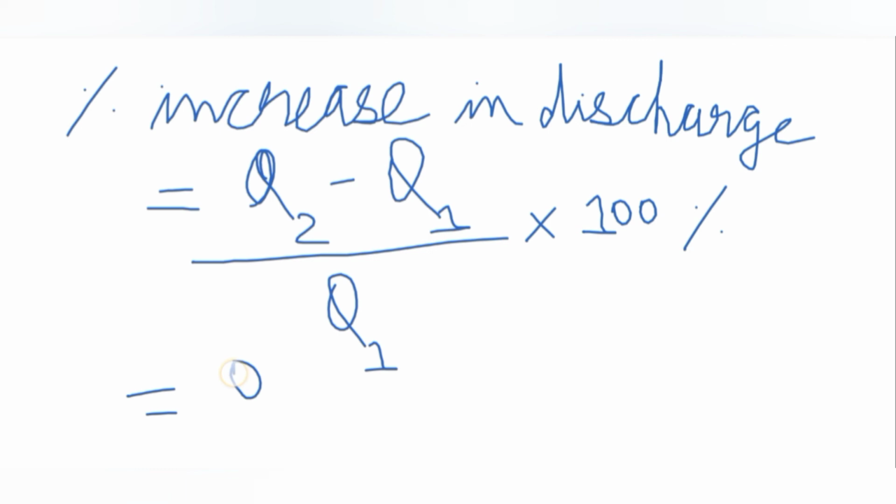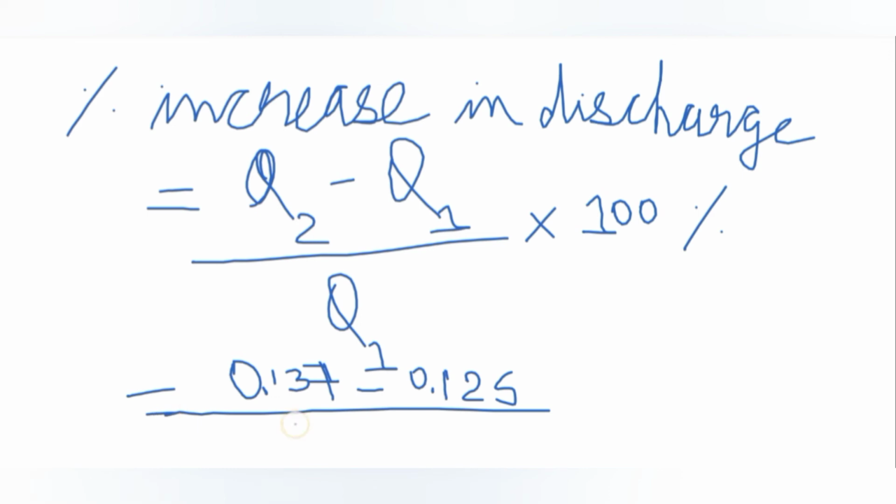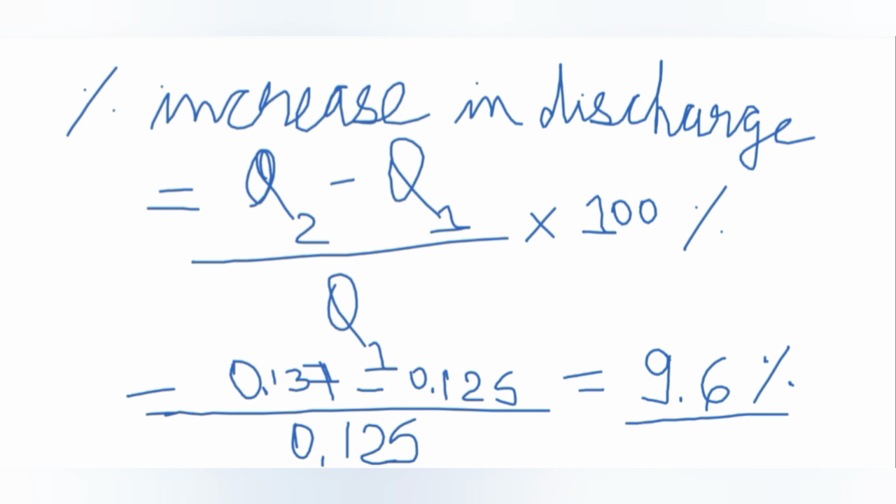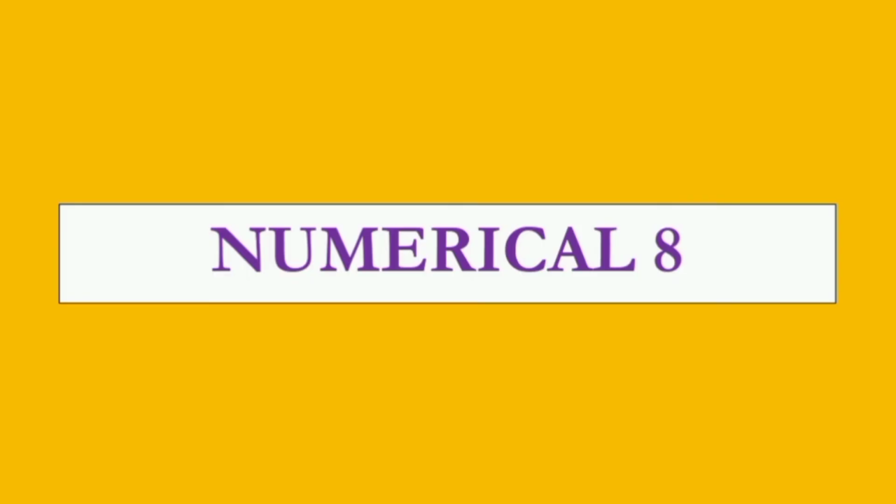So, Q2 is 0.137 minus Q1 is 0.125, divided by 0.125. So, the percentage increase in discharge is equal to 9.6%. So, if the radius of the well is doubled, then the percentage increase in the discharge will be equal to 9.6%.